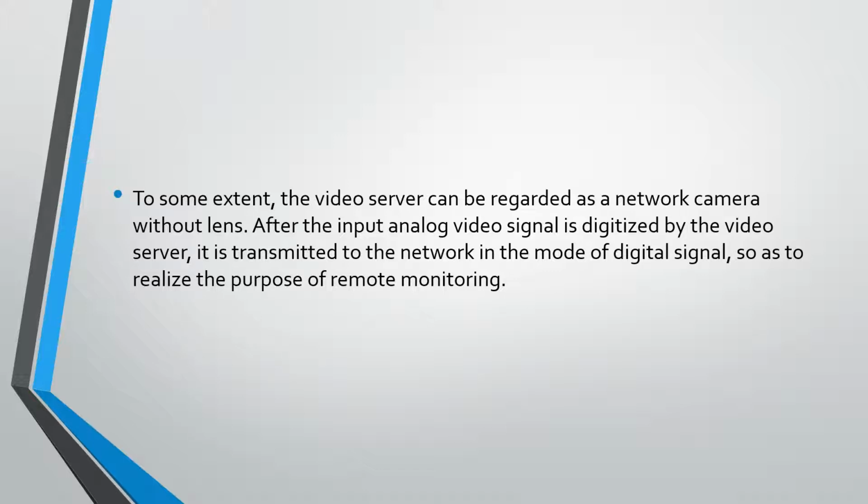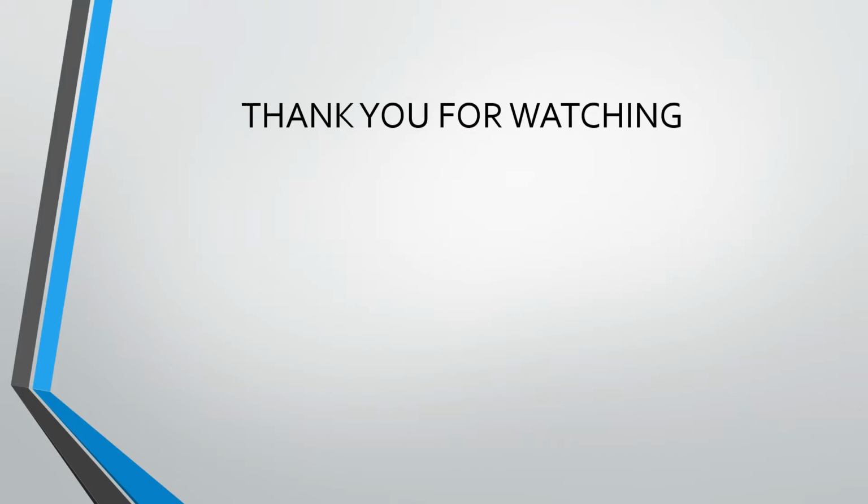To some extent, in my view, the video server can be regarded as a network camera without a lens. After the input analog video signal is digitized by the video server, it is transmitted to the network as a digital signal, so as to realize the purpose of remote monitoring.